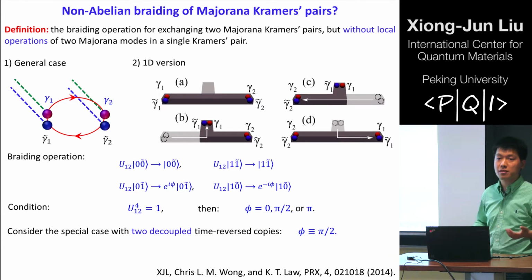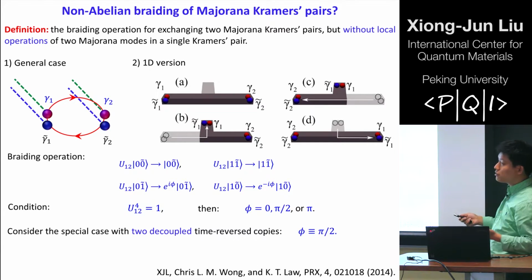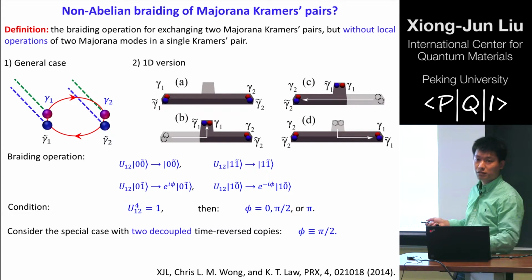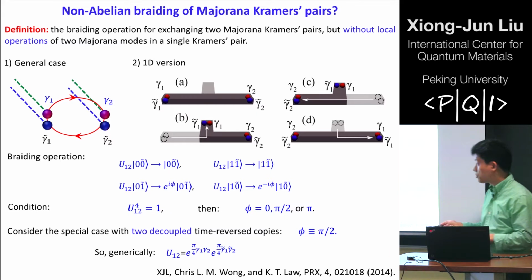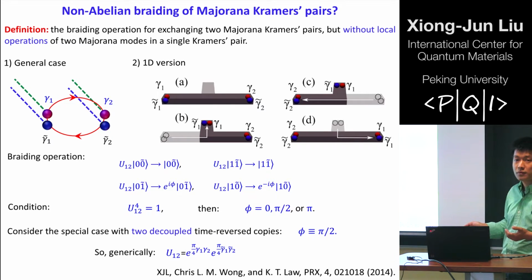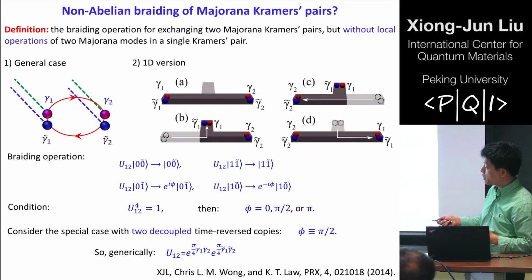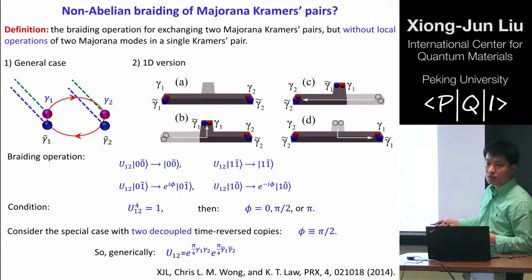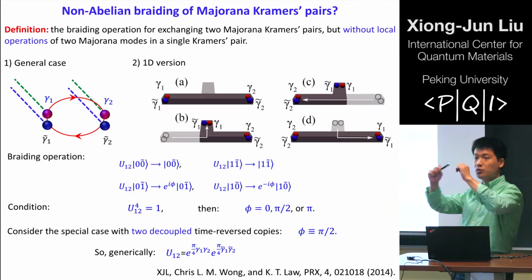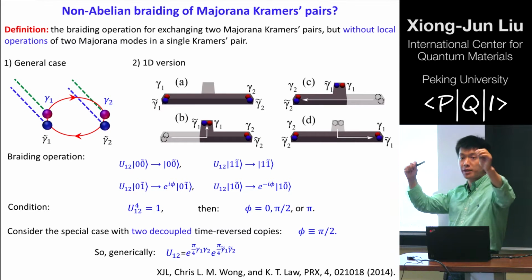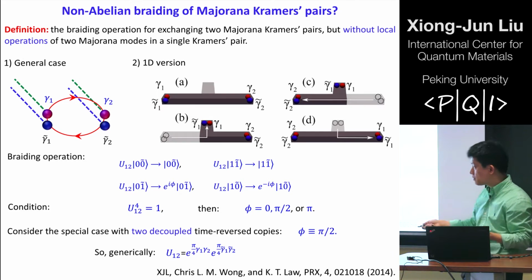You change the parameters. But during this continuous deformation, the discrete value cannot be changed. So this means that in the general case, this phi should always equal pi half. And then under this result, you show that this braiding reduces to this one. This looks like that this braiding is reduced to braiding of 2 independent copies, just like that.